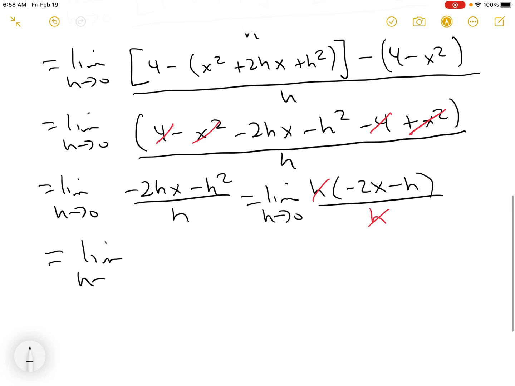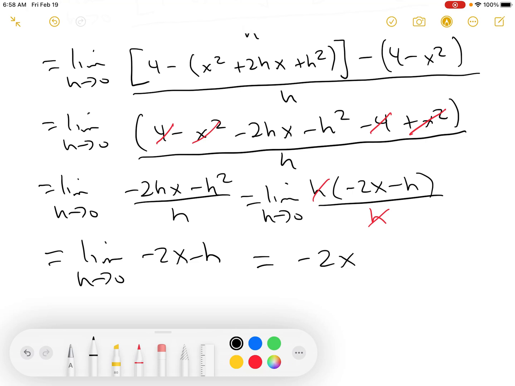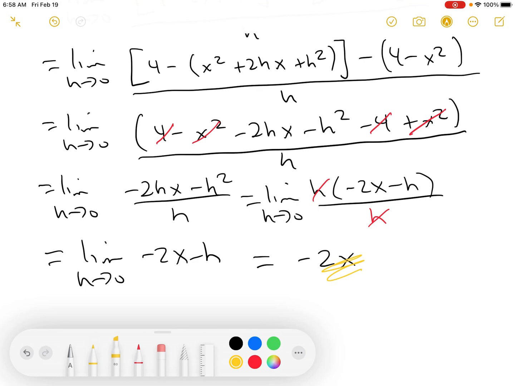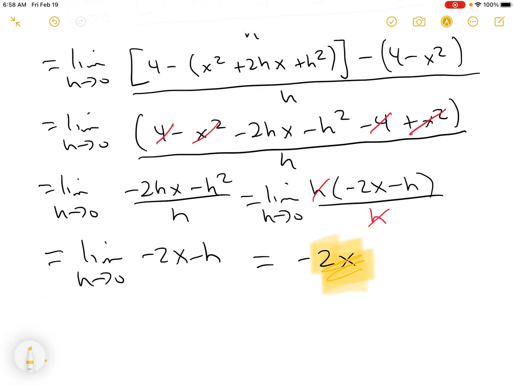And continuing on with all this writing, plug 0 in for h and you get minus 2x. Okay, minus 2x.